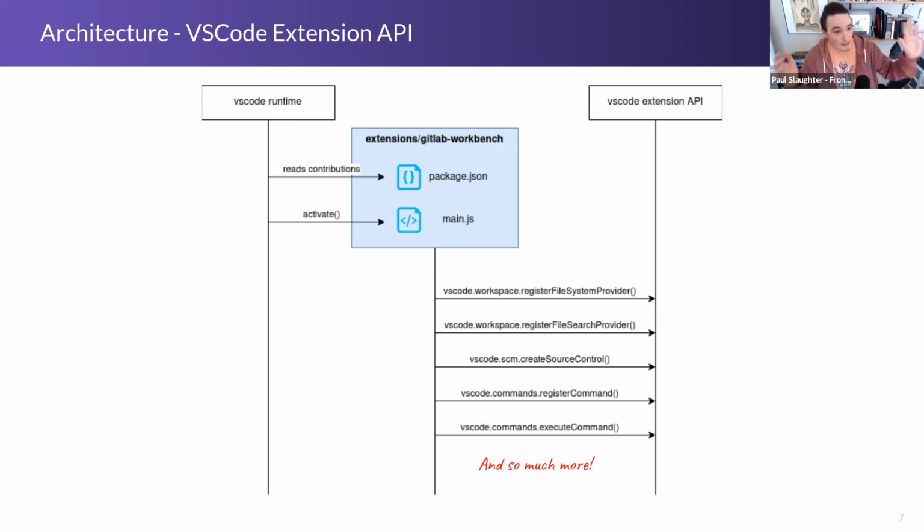That includes things like commands and special views, and all of it is just declared in this JSON, and you may fill in the details in the activation method of your extension. All of these functions are well documented in their extension API documentation, which I linked to earlier. And there's a whole lot you could do, which is really cool. So this is how we get our file system providers and file search providers and things like that.